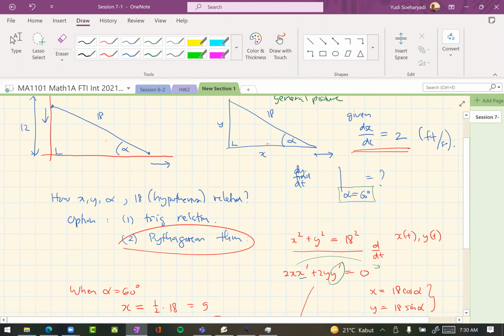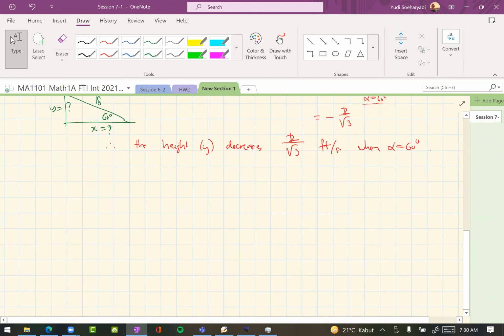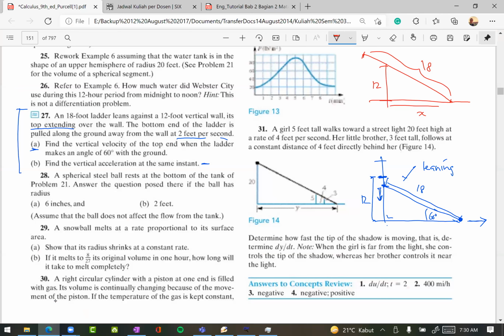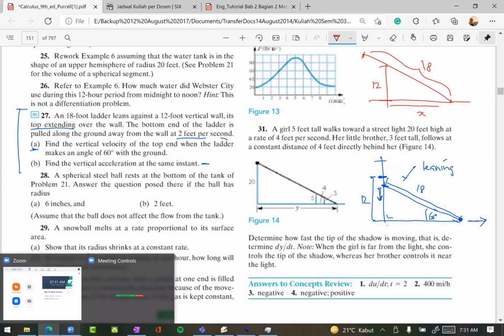But now let's compute this one. We're done with this. Okay. Now let's do the situation where the ladder goes over the wall. Top extending over the wall. Okay. So let's see.